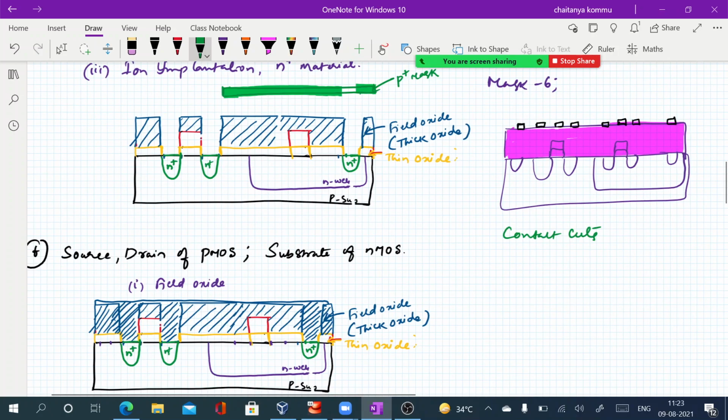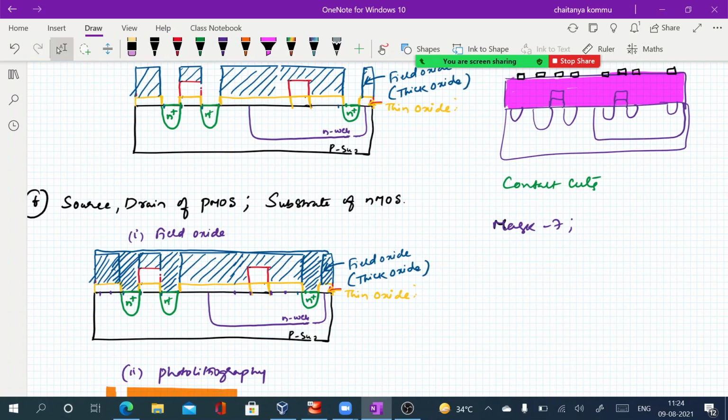Okay, so we have another mask called mask number 7. Mask number 7 is meant for metal deposition. For the purpose of metal deposition, where exactly the metals are required, those portions need to be open. So patterns are initiated, and we have to open the windows for these particular portions.